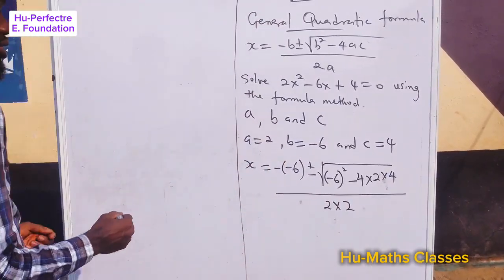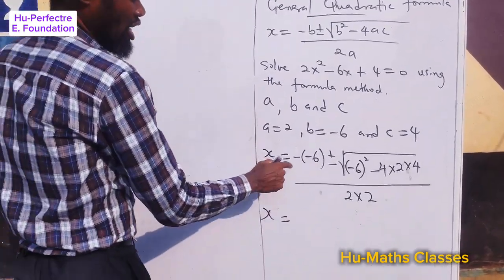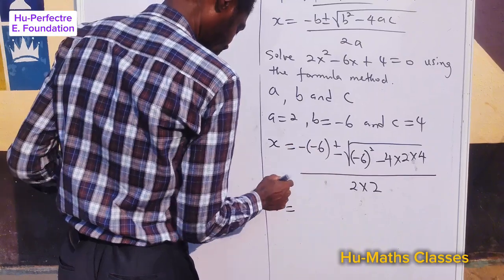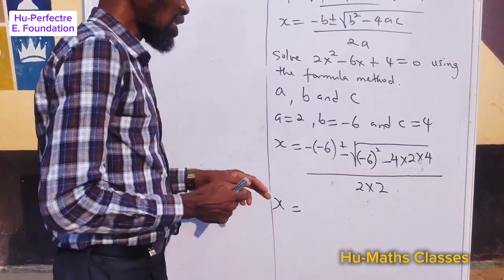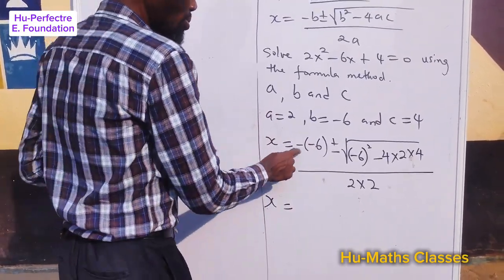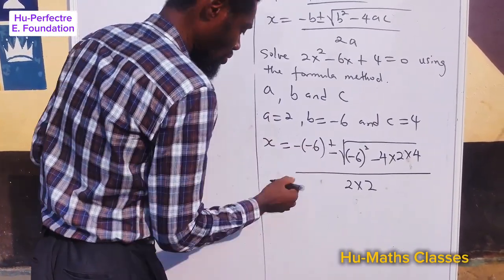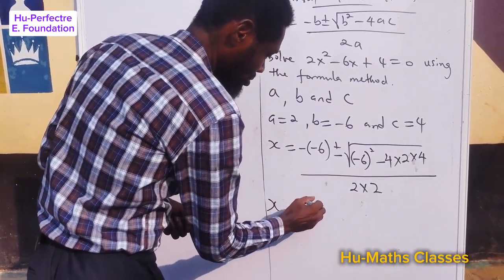So we have that done already. Now our x will be equal to, this minus sign will affect this. You must have been taught in integers that when minus multiplies another minus, it becomes plus. So minus into minus 6 will give us plus 6, and there will be no minus sign anymore.